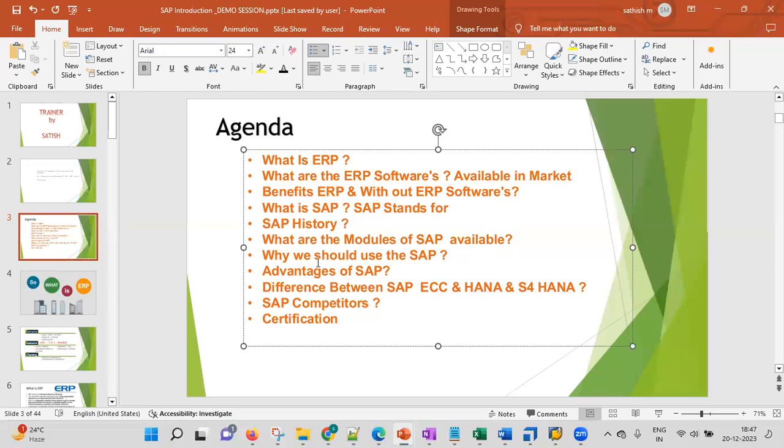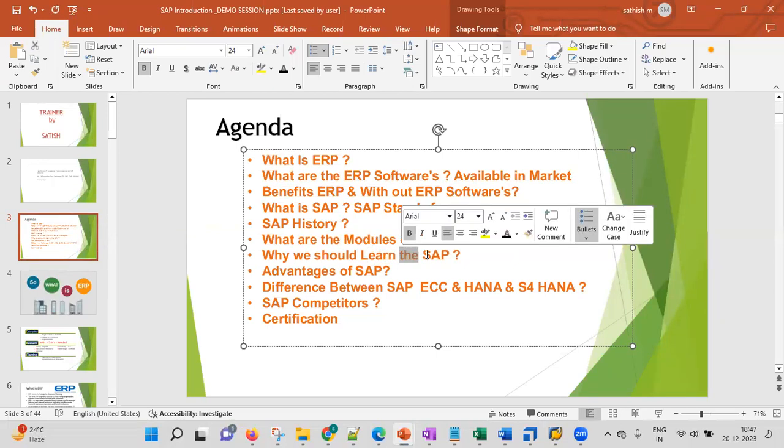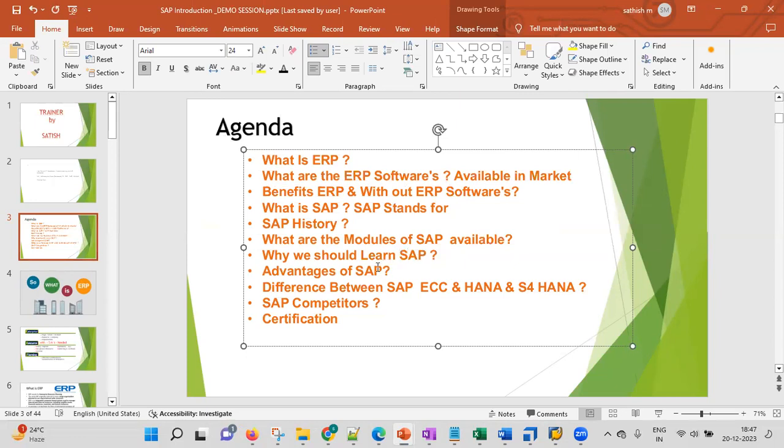Right. Next, why we should use SAP, or why we should learn SAP. Next, what are the advantages of SAP? Next, you will be learning about the difference between the SAP ECC version and the S4 HANA version.